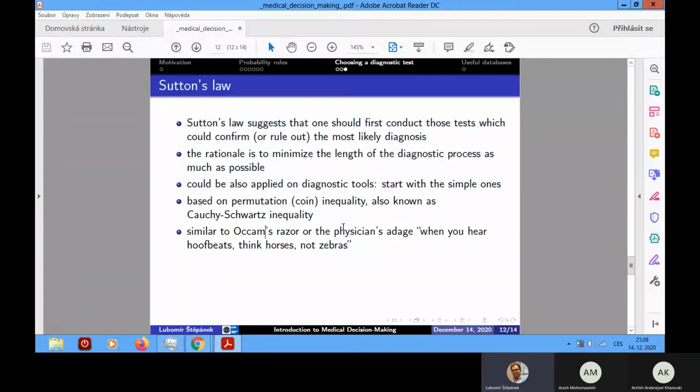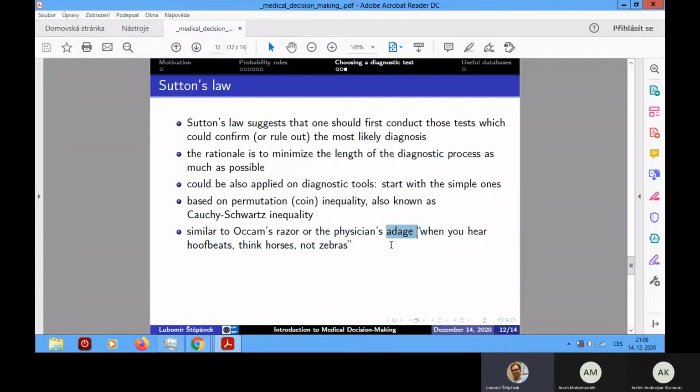And there's a very old physician's adage. I don't know if you heard it before, but it has a meaning pretty similar to Sutton's law. Physicians sometimes say that when you hear hoofbeats, think horses, not zebras.